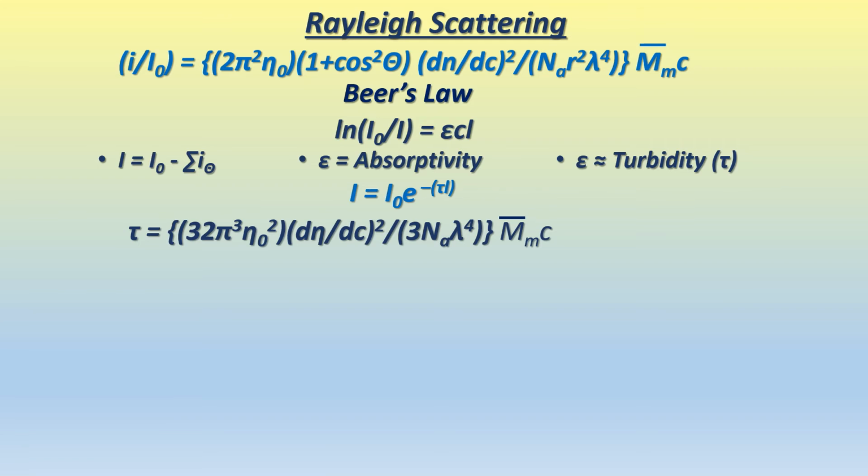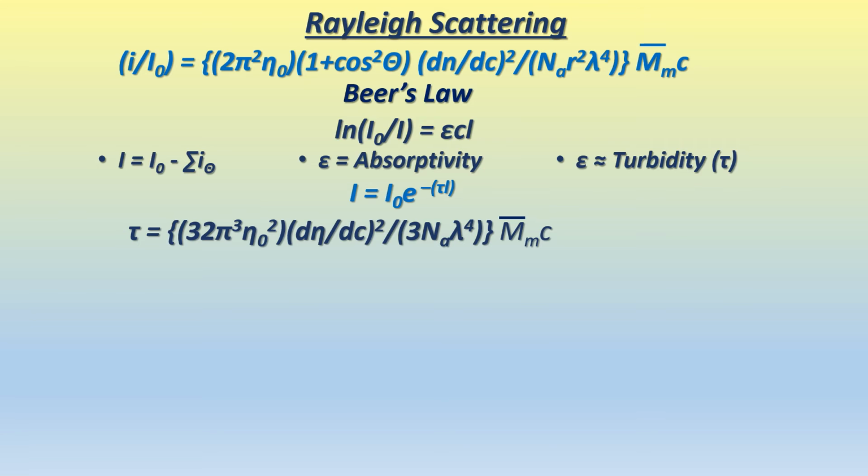Turbidity, once again, has a long term. However, one notices that you have knowns, such as the index of refraction of the solution, Avogadro's number, the wavelength of the light you're using. Measured terms, the changes of index of refraction with concentration.